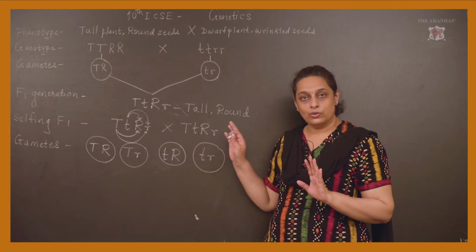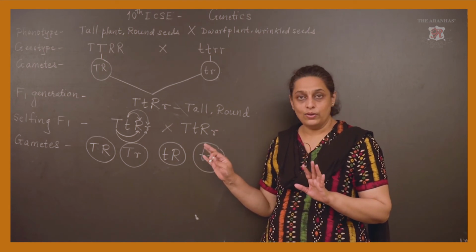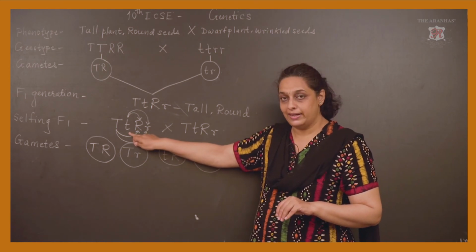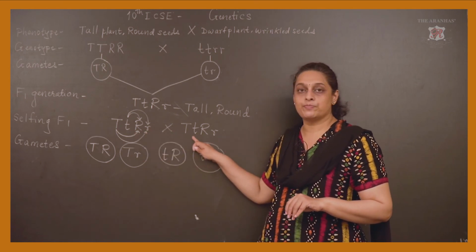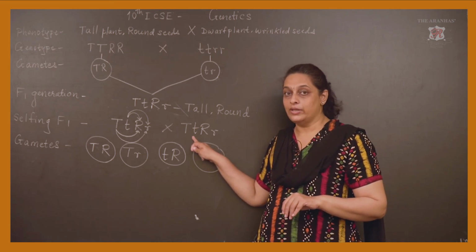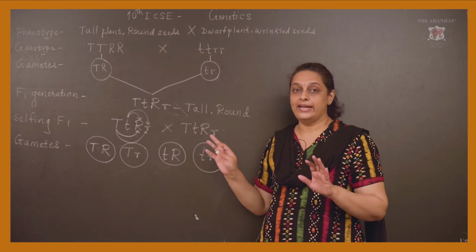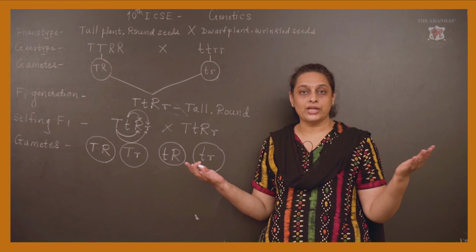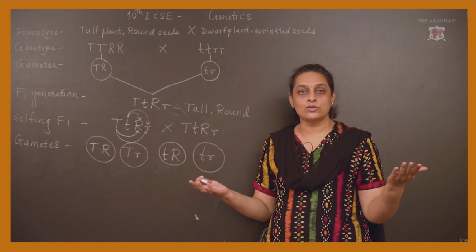So total we will have 8 gametes, 4 produced by one parent and 4 produced by the other parent. So our checkerboard, or Punnett's square, is going to be a big one.